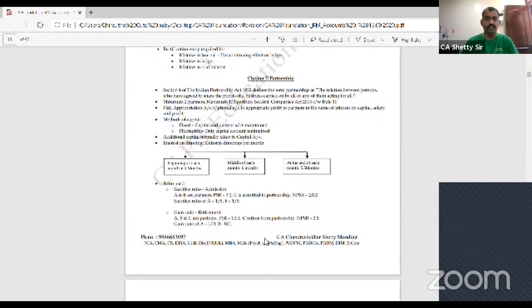First one, introduction. So accounting angle, I'm talking about accounting at foundation level. Introduction. Under that, say methods of maintaining capitals, ratios. What is sacrifice ratio? What is gain ratio? We'll learn. Okay? Fine.